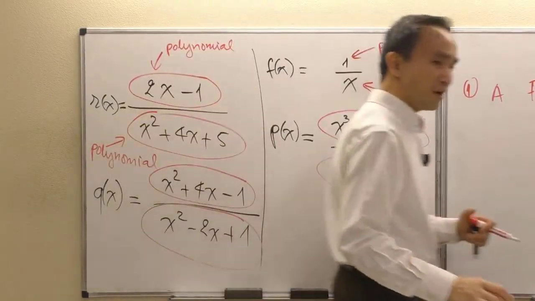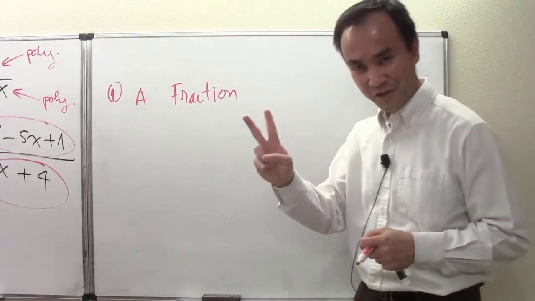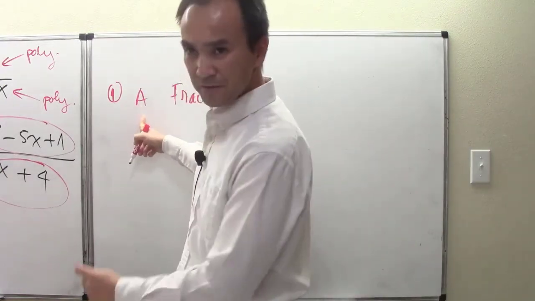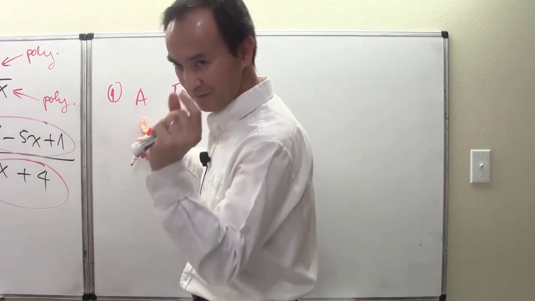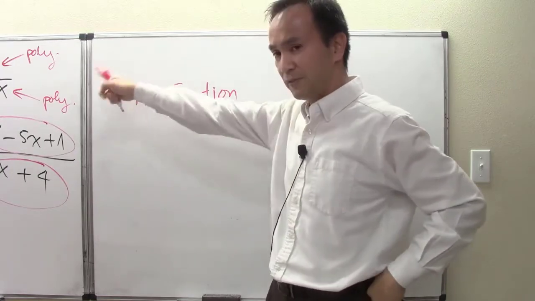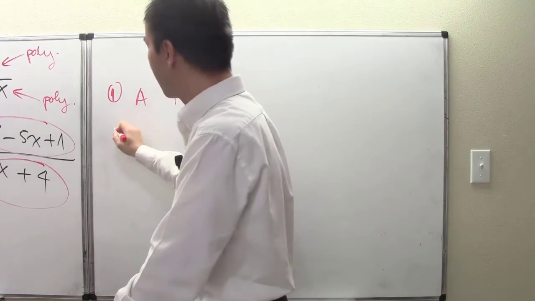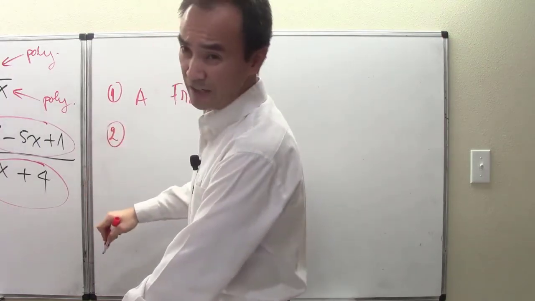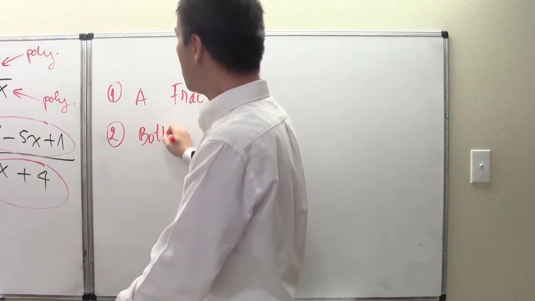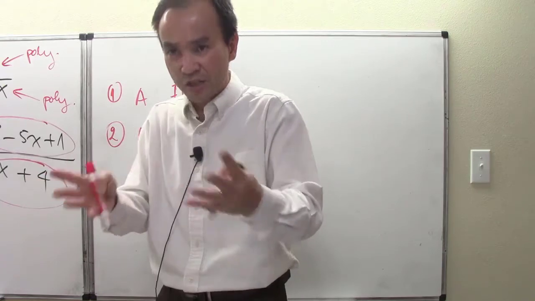All right, so now I'm ready to pinpoint that feature number 2 right here on this board with the red ink. The first feature we saw earlier that immediately caught anyone's attention was that any of those functions is in the form of a fraction. And then number 2 I have to explain in a little more detail.